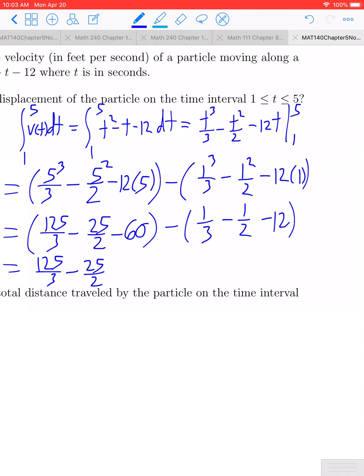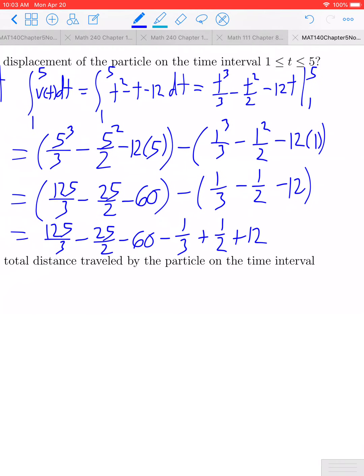Let's go ahead and distribute this subtraction through so we can combine some like terms. That becomes a plus 12. 125 over 3 minus 1/3 will give us 124 over 3.